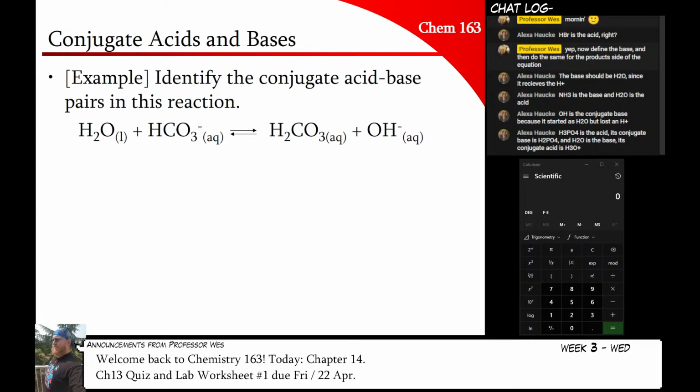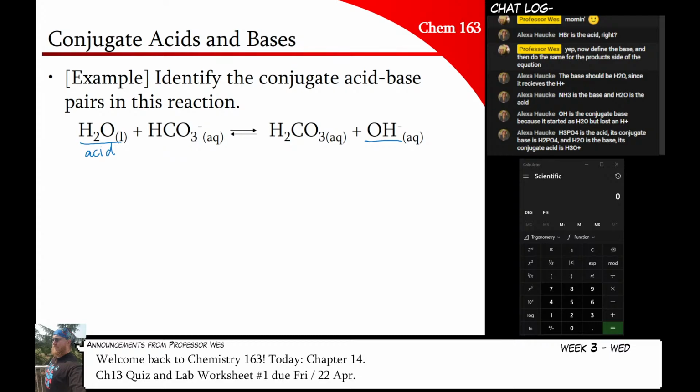All right, let's go over the answers. So here we got water. And then looking over towards the right, we can see that water eventually becomes this. In order to do that, it must lose an H+. So that means water is acting as an acid here.